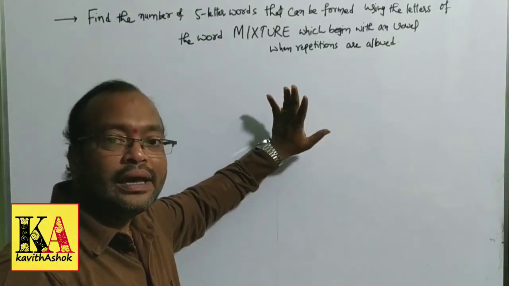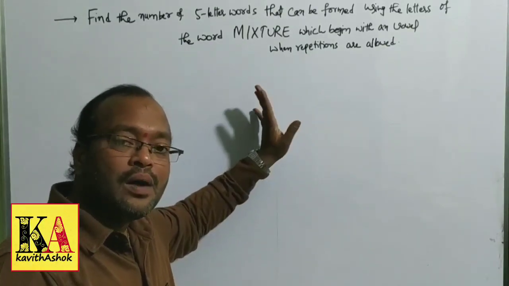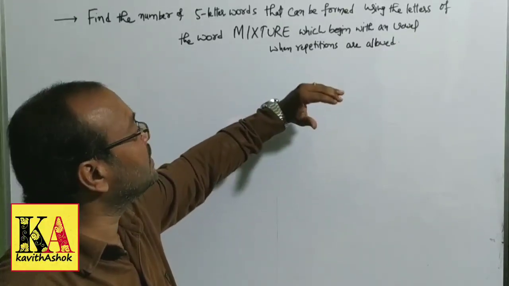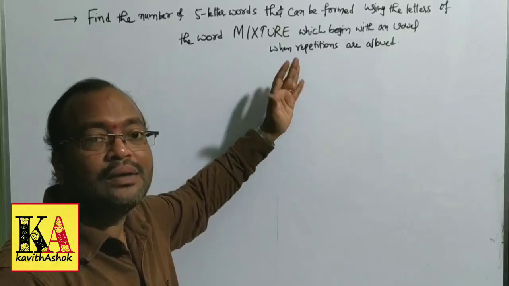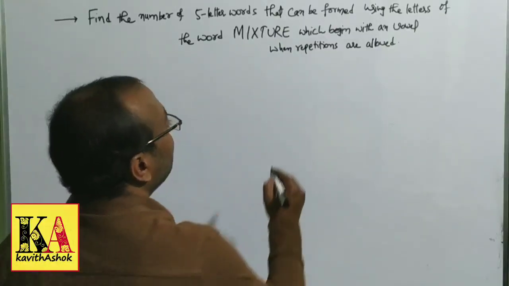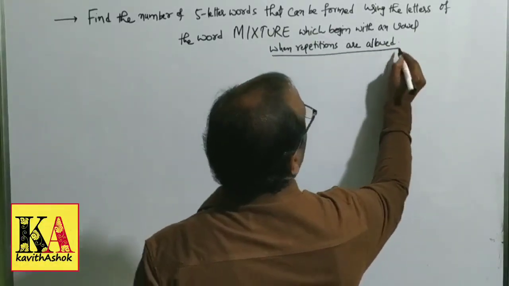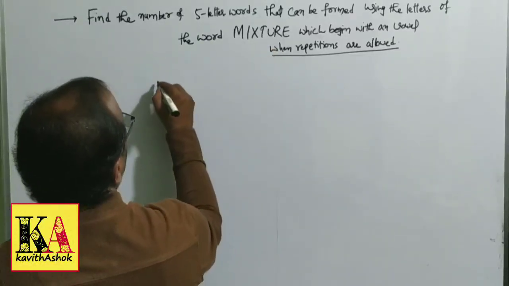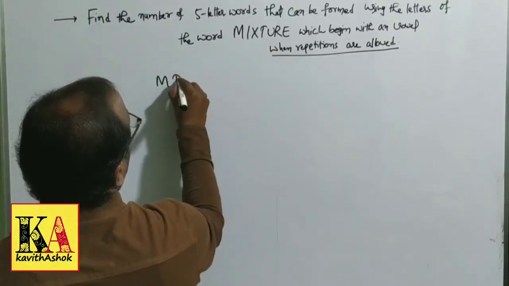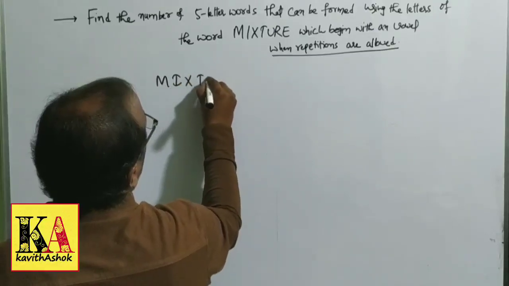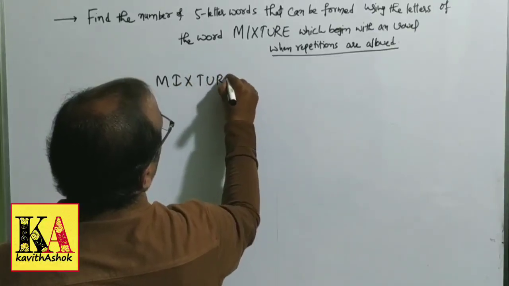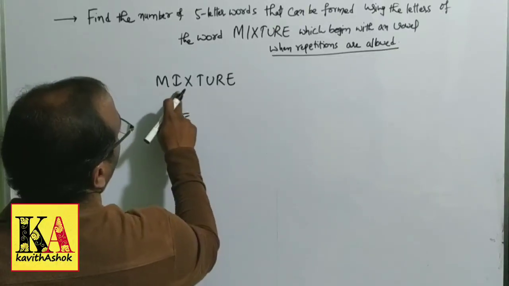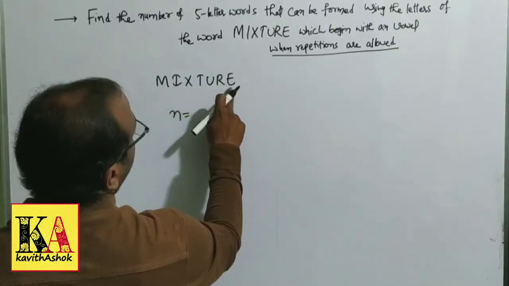So in the examination or in the competitive exams, first we have to check which type of question is given, whether repetitions are allowed or not. Here repetitions are allowed, so we have to solve accordingly. What is given here? Mixture. How many letters are there? 1, 2, 3, 4, 5, 6, 7. 7 letters.